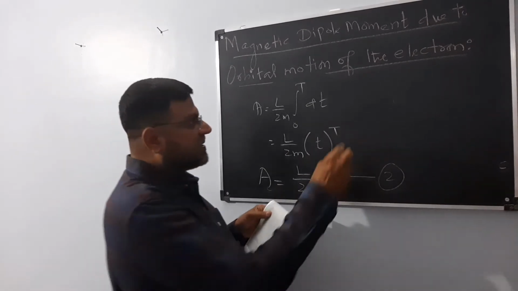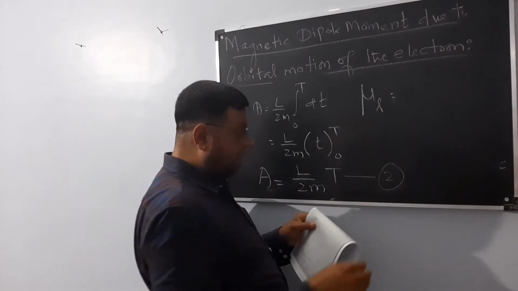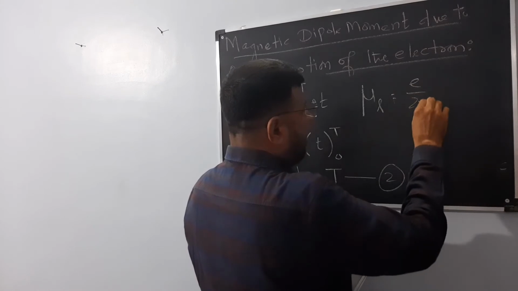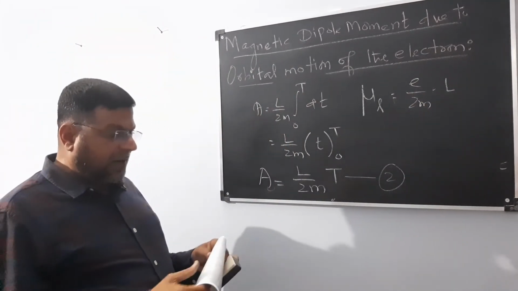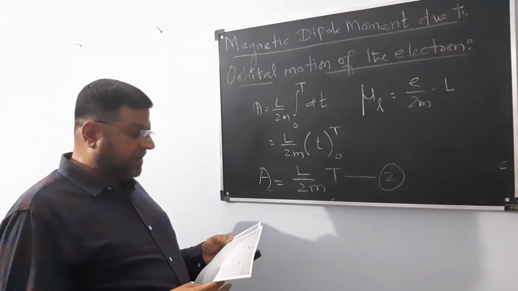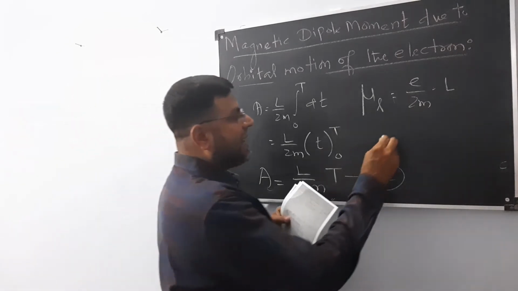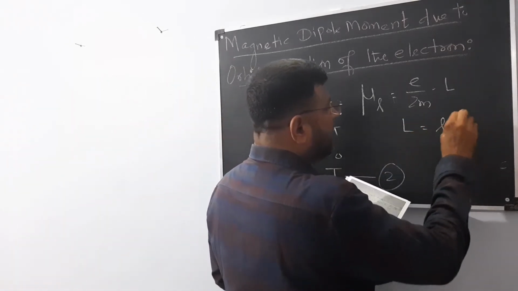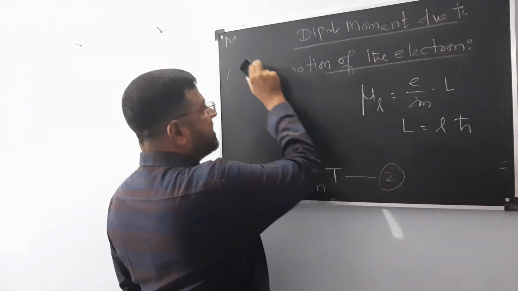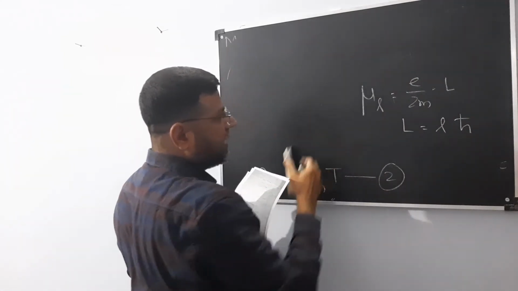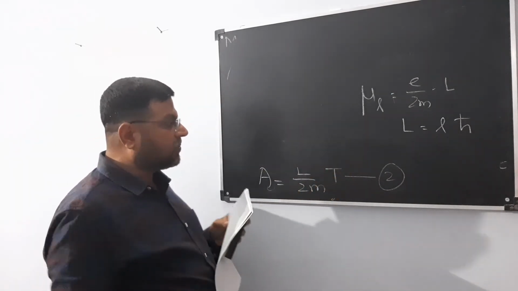Now when you substitute this, you will get the final orbital magnetic moment μL equal to e by 2m into L. Since the angular momentum L is quantized, we can write capital L is equal to l times h cross. h cross means h by 2π.